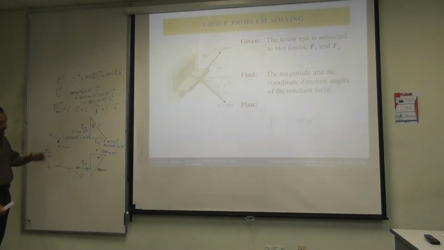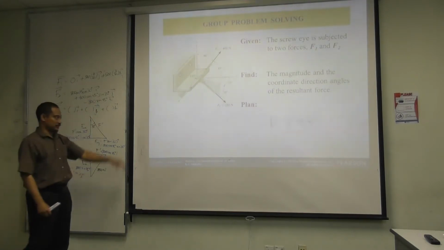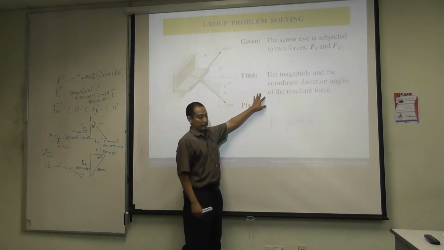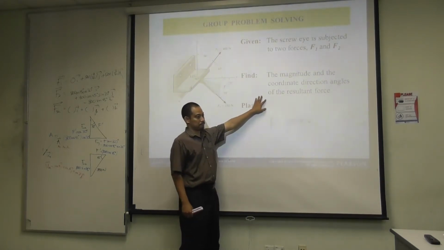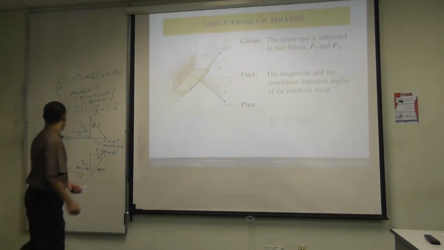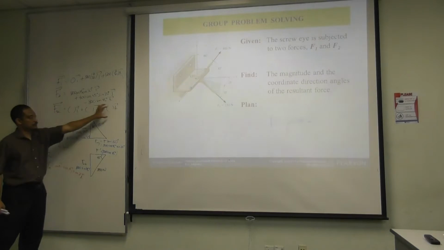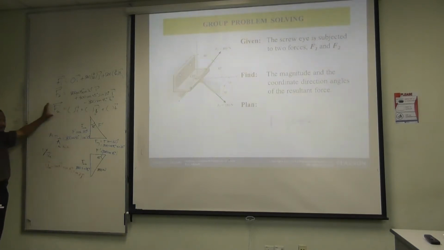Of course, what is given is still the same, F1 and F2, the direction. What is it that the question wants in the end? Resultant force, direction. Because in the previous question, it only wants you to give the resultant in the Cartesian vector form.